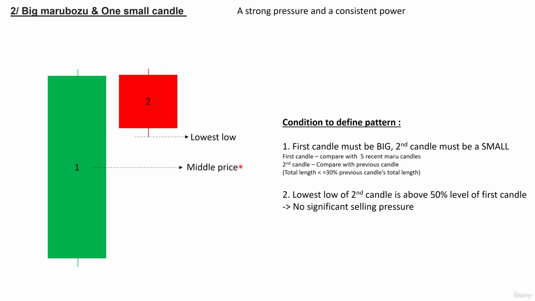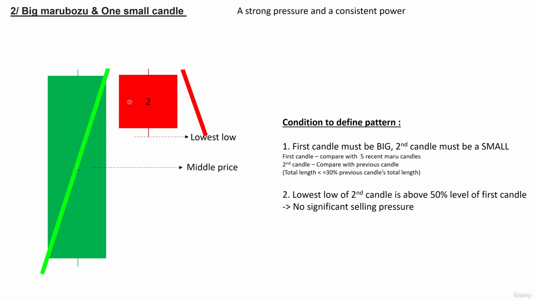the middle of the first candle like this, to confirm that even though we have selling pressure inside of the second candle, the selling pressure inside the second candle is pretty small. That's not a significant selling pressure. Therefore, we can accept the strong buying pressure inside the up pullback like this, right?